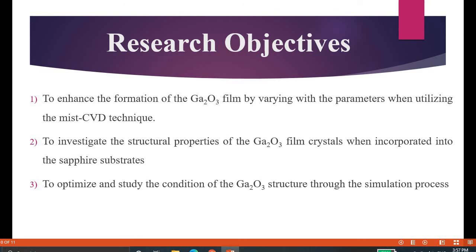The second one is to investigate the structural properties of the gallium oxide thin film crystals when incorporated into the sapphire substrates. And lastly is the optimization. This optimization will eventually study the condition of the gallium oxide structure during the simulation process.